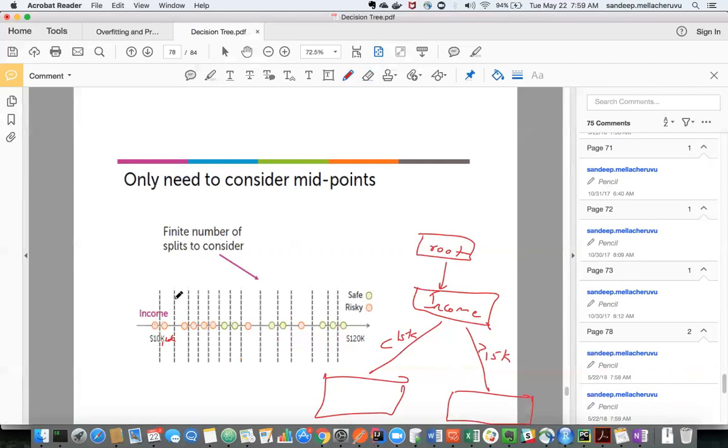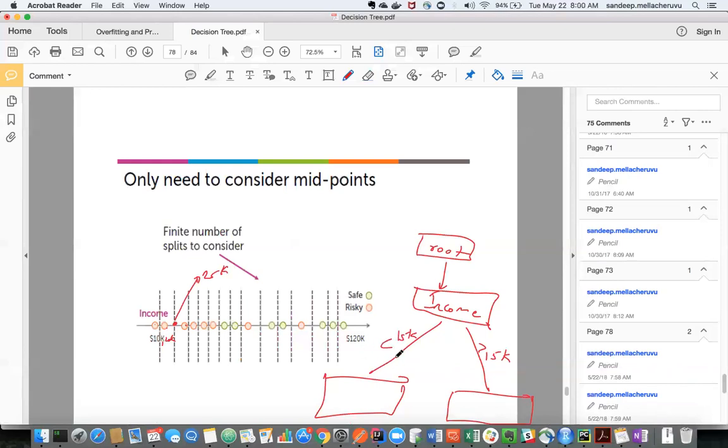Again, you do it for another midpoint. This is 20K and this is 30K. This midpoint is going to be, let's say, 25K. Again, instead of 15K, take a threshold split of 25K. Again, find out how much is your misclassification error or classification error, whatever it is.